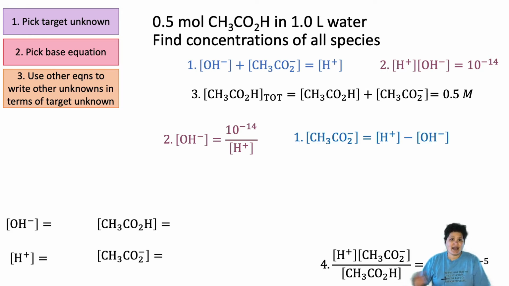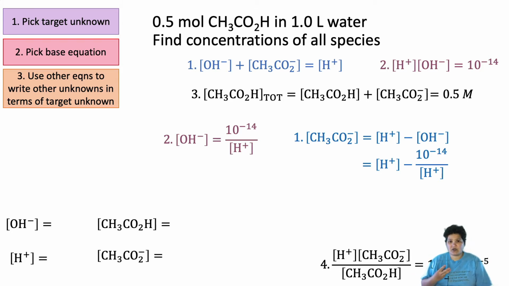What we get is the acetate concentration equaling the H plus concentration minus the OH minus concentration. We know what the OH minus concentration is in terms of H plus, so we plug in 10 to the minus 14th divided by H plus concentration for OH minus, and now we have a concentration for acetate in terms of just H plus.